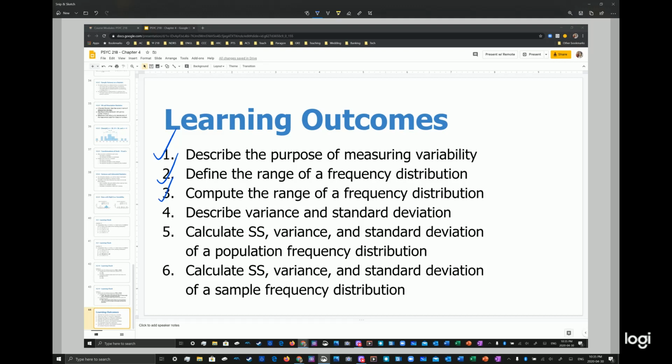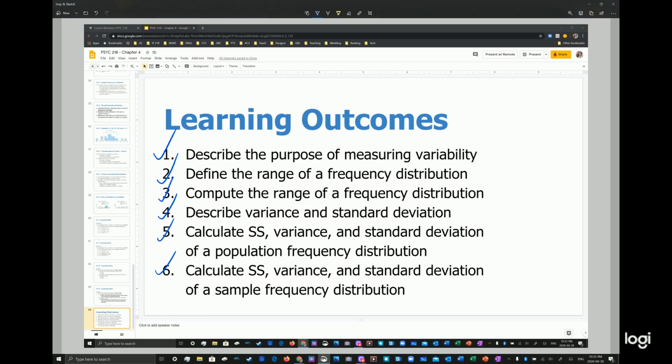We have computed the range, which is fairly easy to do, max minus min. We have described the variance and standard deviation, why we do it and how it's used. And we have calculated the sum of squares, variance, and standard deviation for a population. And we have done the same, sum of squares, variance, and standard deviation, for a sample frequency distribution. Those would be our key learning outcomes.